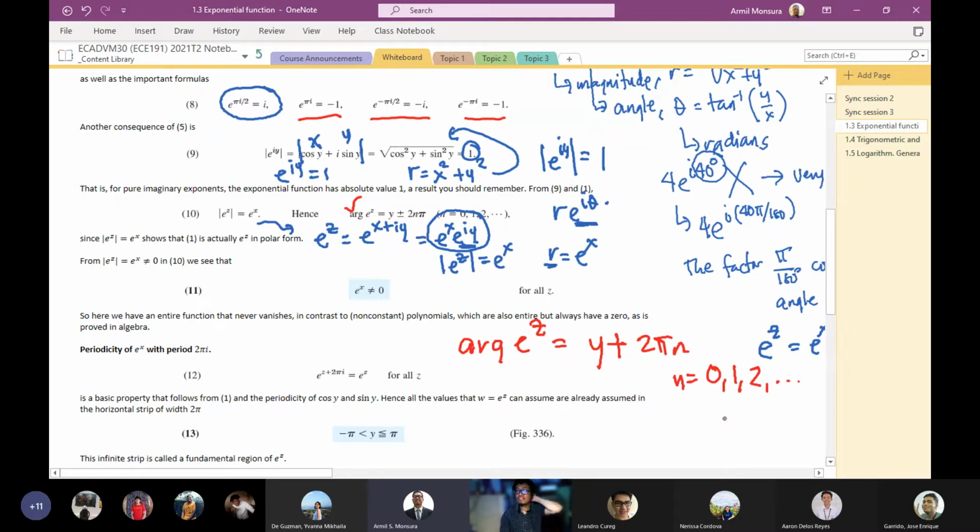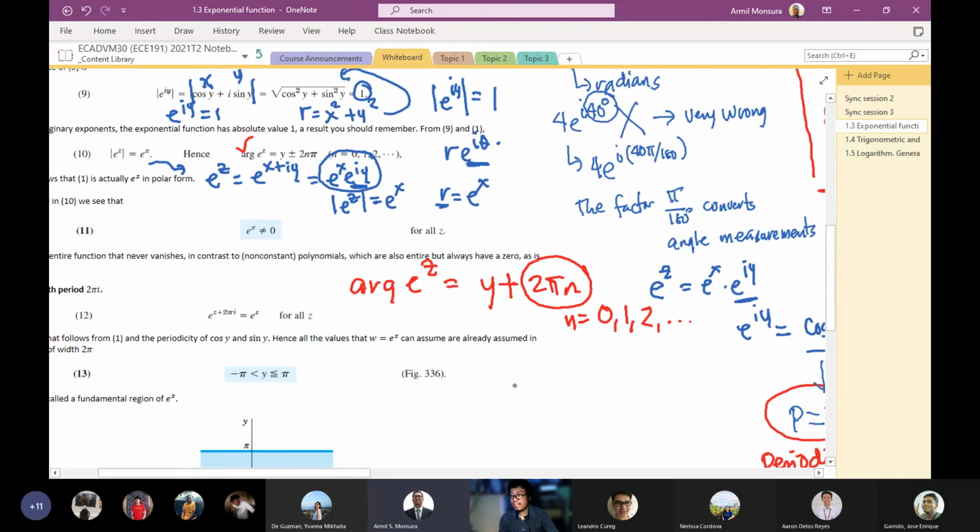So which means that the value of the angle of a number written in complex form repeats for every multiple of 2 pi changes in its value. That means, say for example, you start at y equals 0. This is your angle, no?